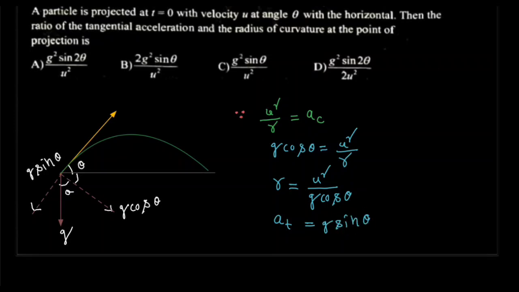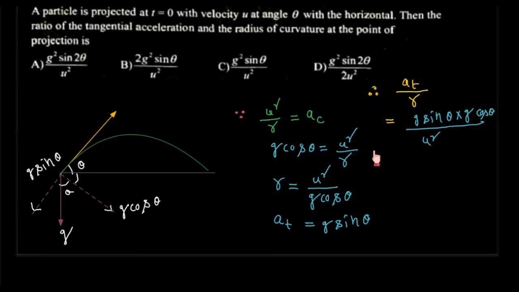Now we have to find the ratio of these two. So at by r, what is at by r? At is g sin theta, divided by r, which is u square by g cos theta.